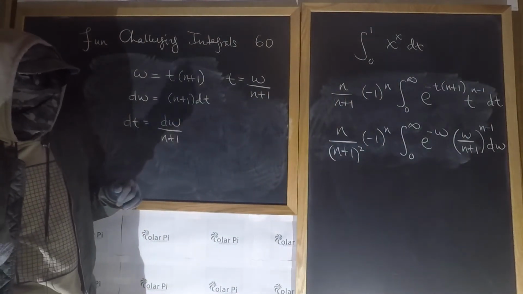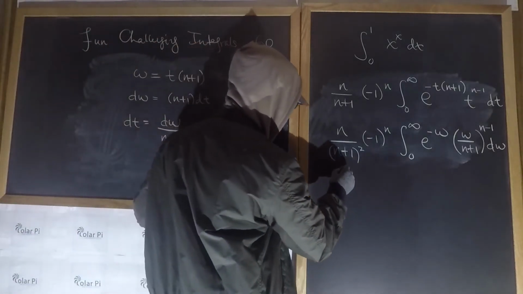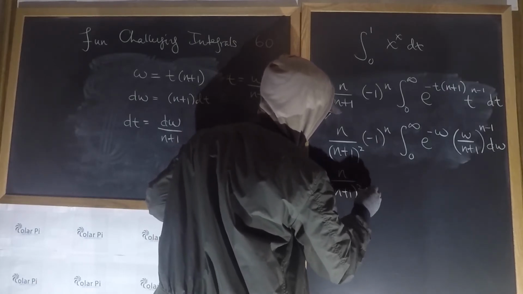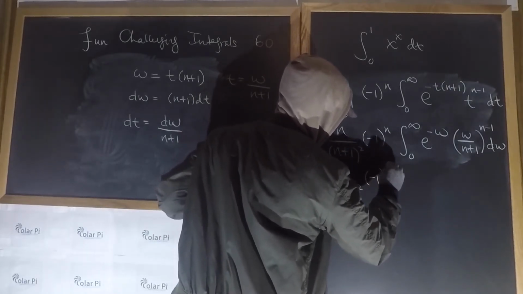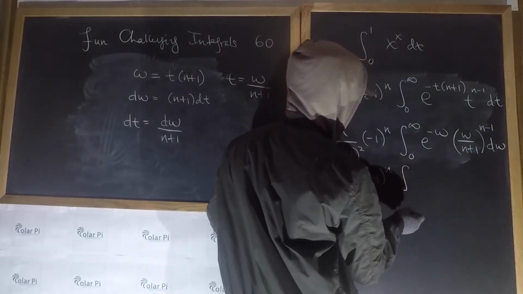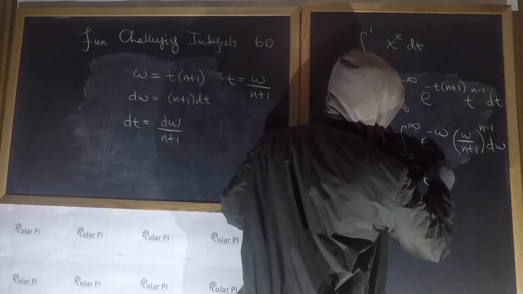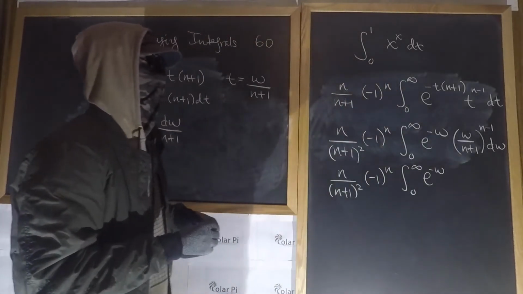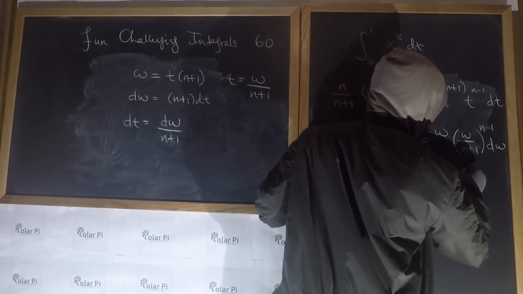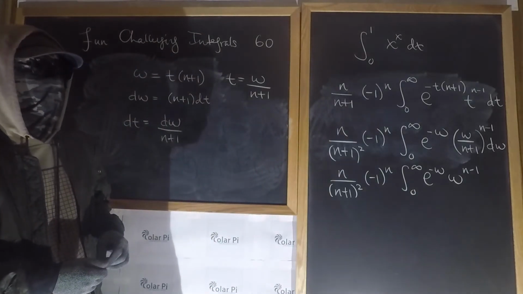Right. Okay, so now what? Now we have n over n plus 1 squared, and then the integral from 0 to infinity of e to the minus w, and then w to the power n minus 1 divided by n plus 1 to the power n minus 1.